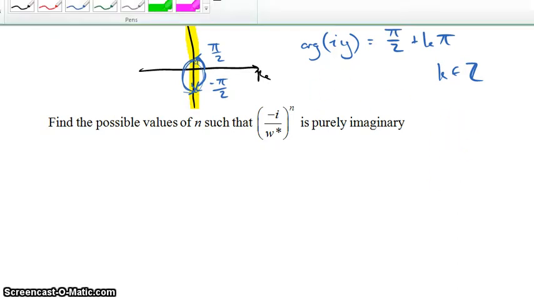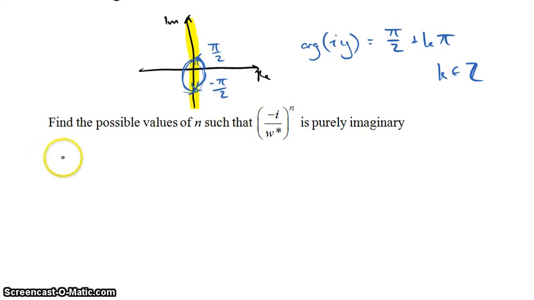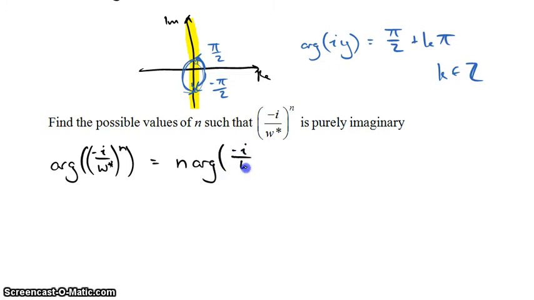So how do I find that? Well, first thing I'm going to do is ask, what is the argument of minus i over w conjugate to the power of n? And that's of course going to be n times the argument of minus i over w conjugate, which is what? We just did this, right? Pi upon 6.